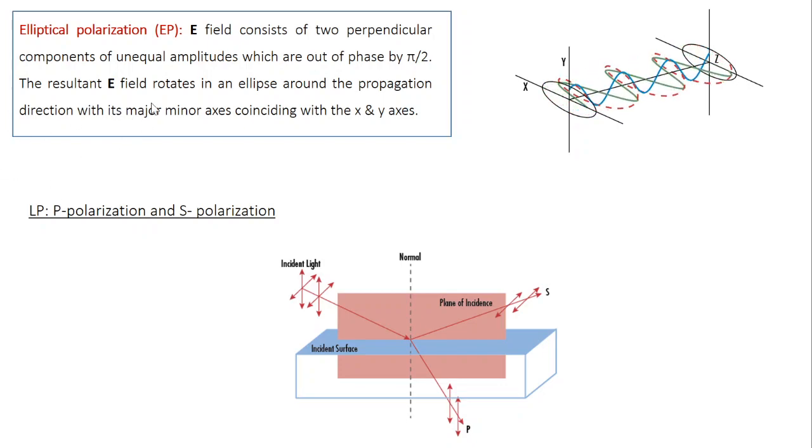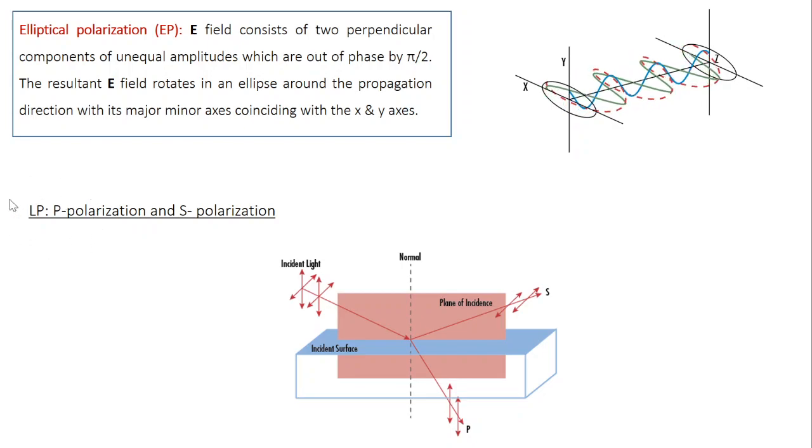So you can convert an elliptically polarized light or circularly polarized light into linearly polarized light. Similarly, you have a half wave plate which introduces a phase difference of pi. So using this, you can convert a vertically polarized light into horizontally polarized light. Similarly, a right circularly polarized light into a left circularly polarized light.